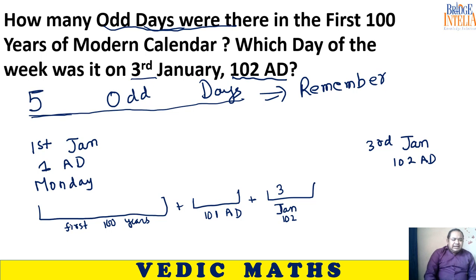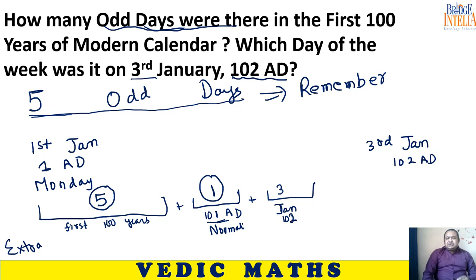We are only interested in extra days. We already know that in the first 100 years, 5 extra days get generated. So we write 5 here. Then 101 AD is a normal year, not a leap year, so a normal year generates 1 extra day. And from 102 AD, we are picking only 3 days.